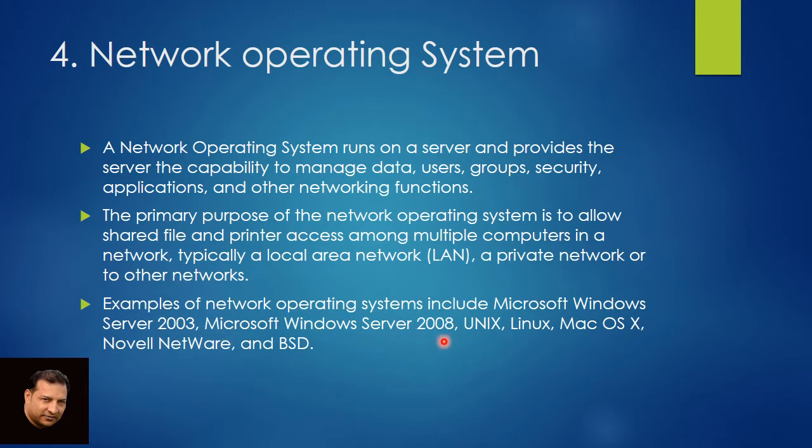For example, in our school, we have various computers, and all these computers are networked together with a server. Examples of network operating systems are Microsoft Windows Server 2003, MS Windows Server 2008, Unix, Linux, Mac Operating System X, Novell NetWare, and BSD.